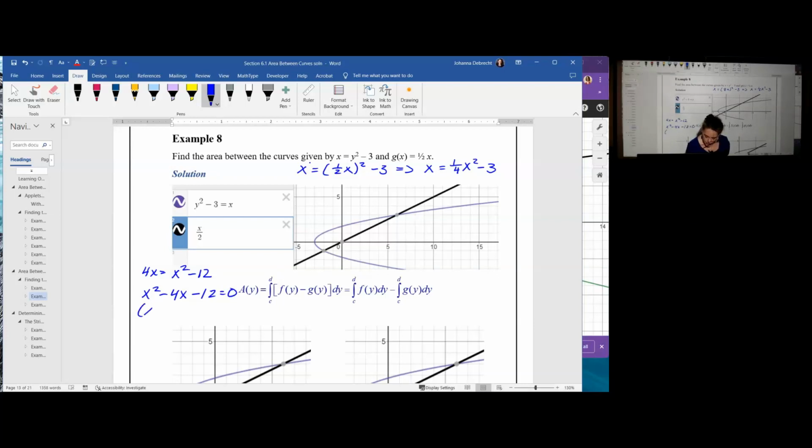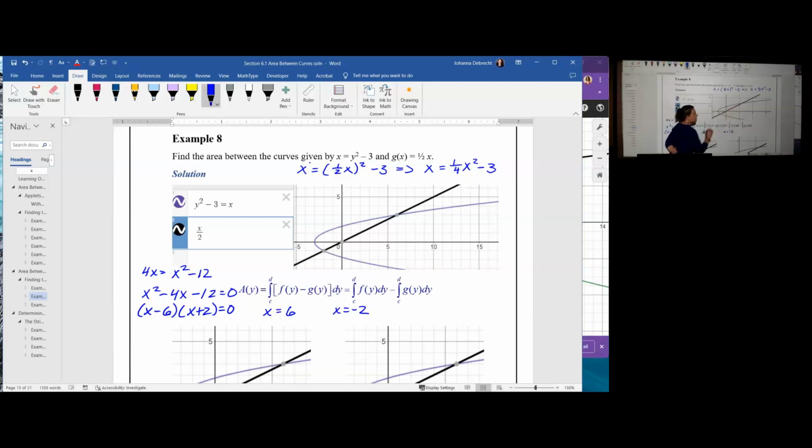This does factor as x minus 6 and x plus 2.